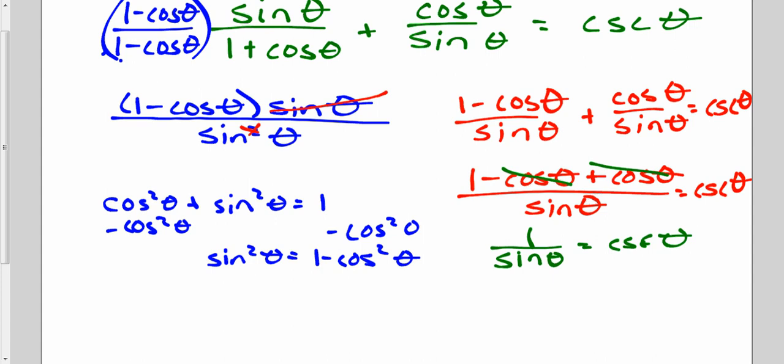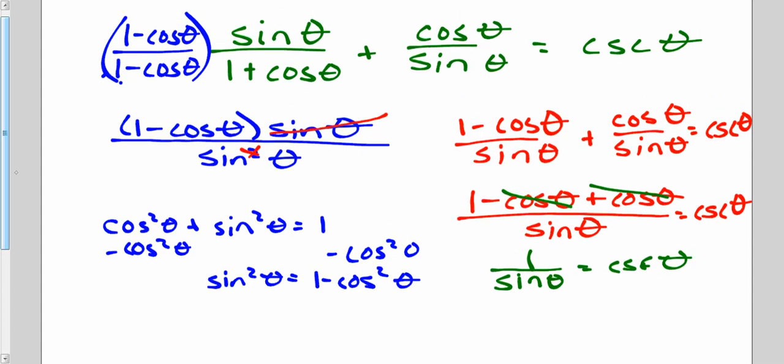More than one way to skin that cat, right? Both ways are equally valid. I call this one more elegant because did I need to manipulate this fraction to find a common denominator? No. So I call it more elegant, but that doesn't mean more valid. I am equally happy if you do this one as I would if you did the strategy on the other page.